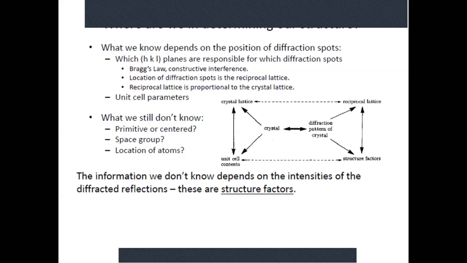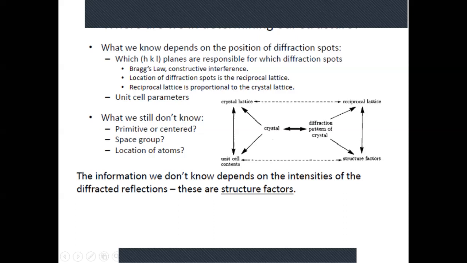To identify these three key pieces of information, we have to look at the intensities of the diffracted reflections, and these are referred to as structure factors. This applies some type of intensity to the HKL reflections, and from that we'll be able to determine if the crystal is going to be primitive or centered.